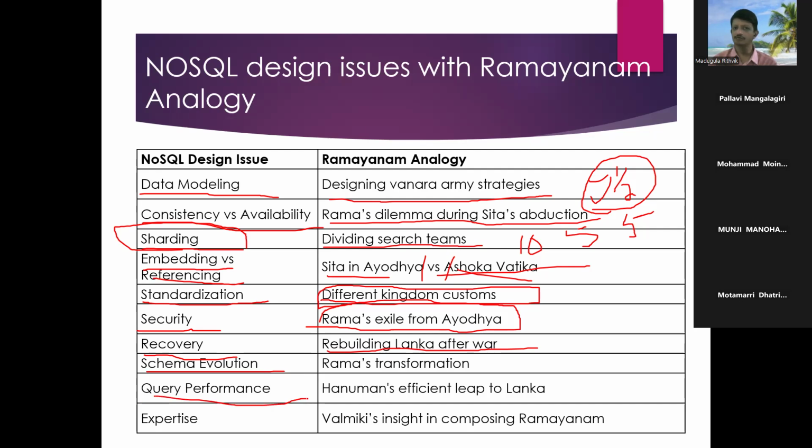Now coming to query performance: how Hanuman effectively leaps to Lanka. That is also one of the major things as far as query performance is concerned. Coming to the final thing, expertise: all these things come under Valmiki's expertise in writing this particular epic or mythology. This is also one of the major aspects as far as expertise is concerned.